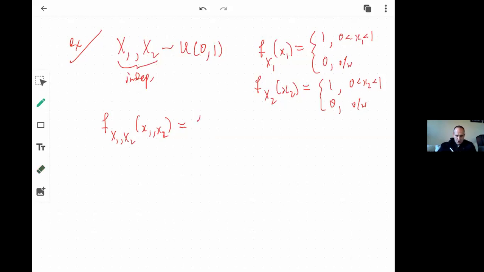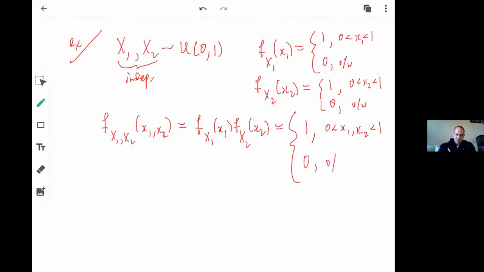So it's equal to f x1 of x1 times f x2 of little x2, which is just 1 if 0 is less than x1, same thing for x2, and these are both less than 1. So x1 and x2 are both between 0 and 1, and it's 0 otherwise.